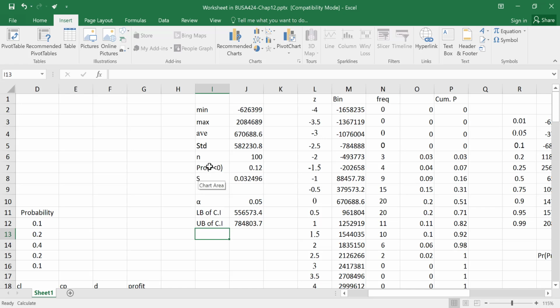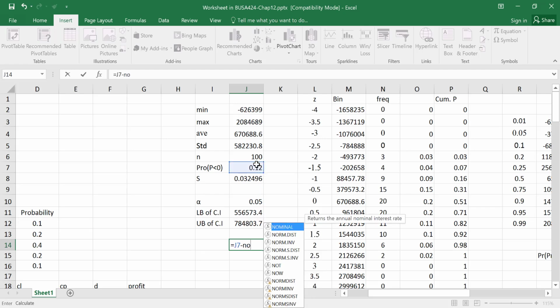But for the probability p, we can also compute the lower bound and upper bound. So it is this value minus the normal standard deviation inverse.